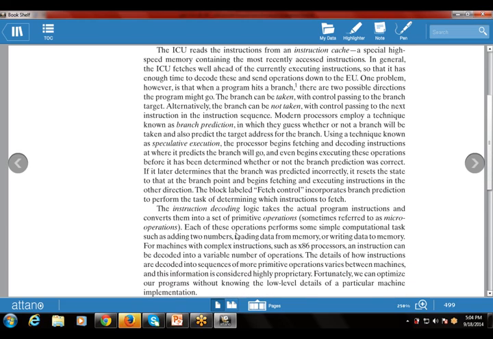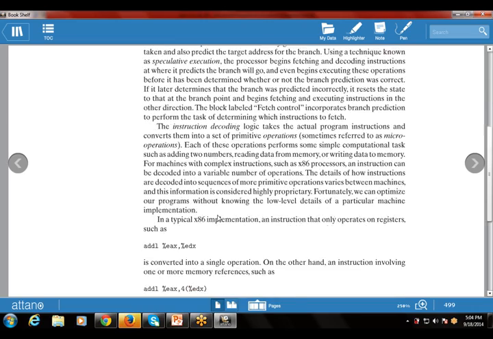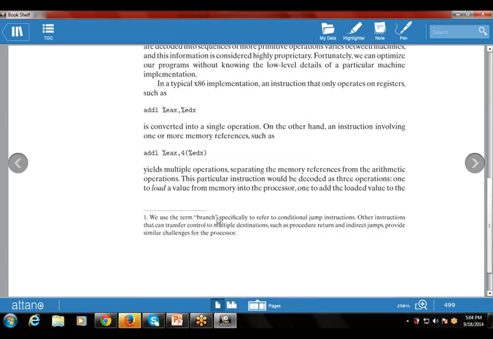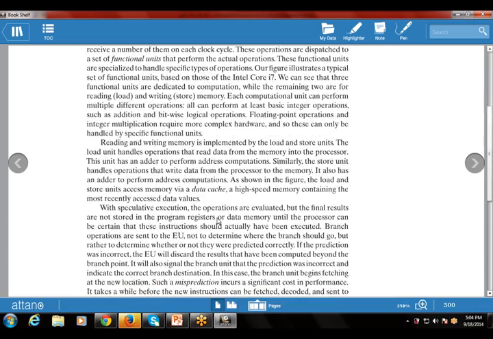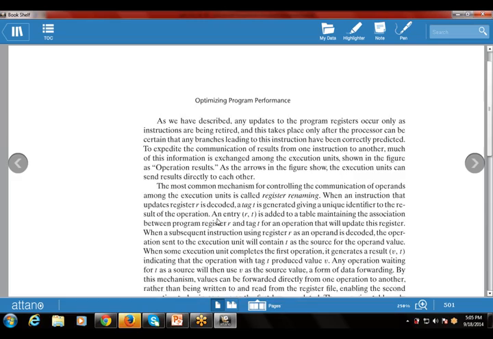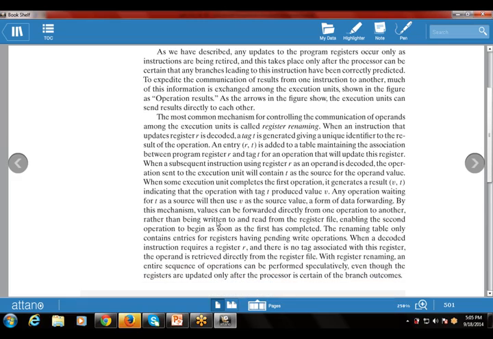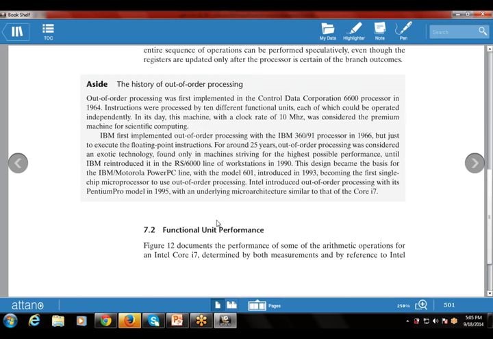We have discussed various operations like arithmetic operations and logical operations. What are the registers available? We have discussed with the help of slides.